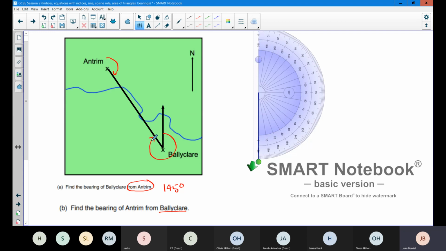What we can do when we have to find a reflex angle is actually easier: measure the acute angle there. We can measure that angle just to practice that.